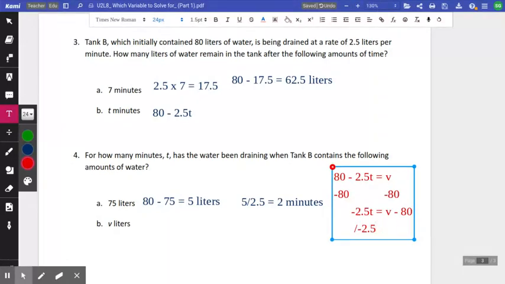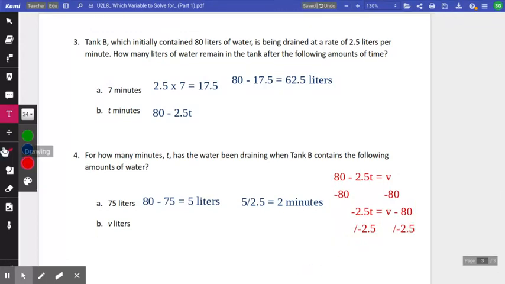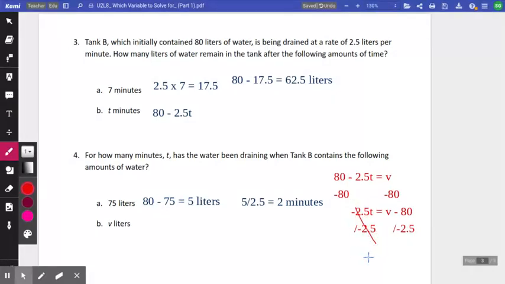So I'm going to flip over to my little pen to show those 2.5s canceling out, so we're just left with t all by itself. And on our other side, we've got the V minus 80, and all of that is divided by that negative 2.5.